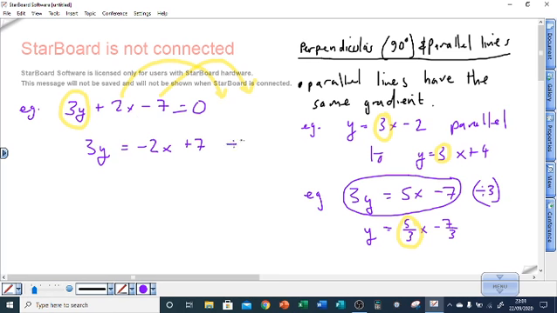So divide by 3, and you end up with y is equal to minus 2/3 x plus the 7 is being divided by 3. So now I can clearly see that the gradient is minus 2/3, and the intercept where it crosses the y-axis is 7/3. What does the gradient actually mean?